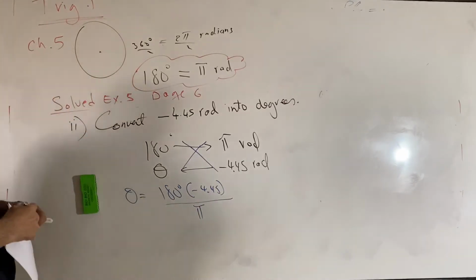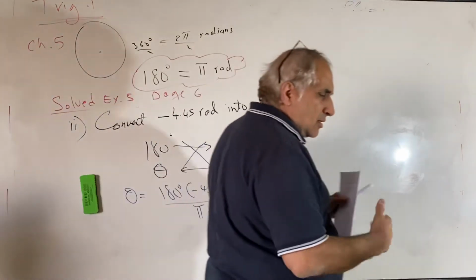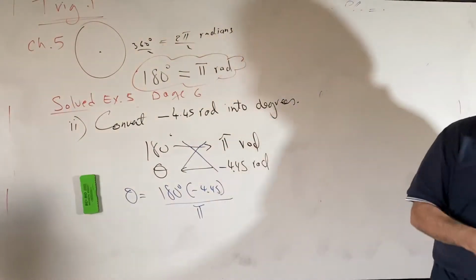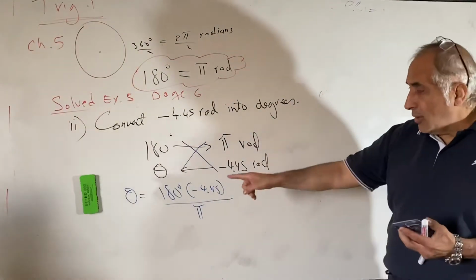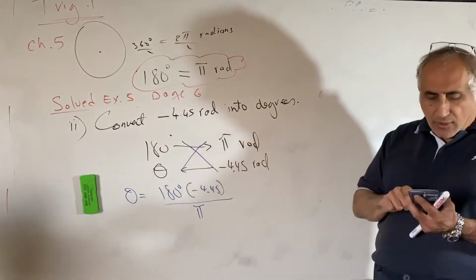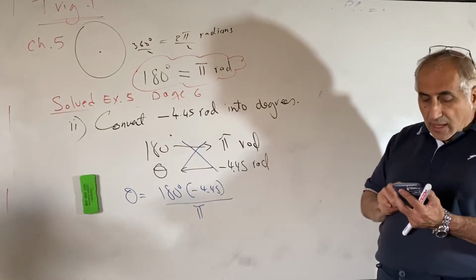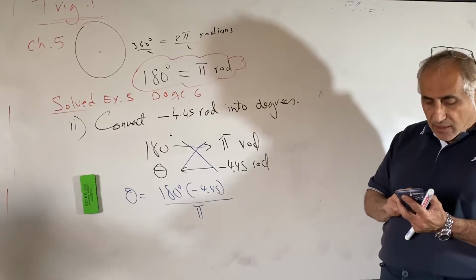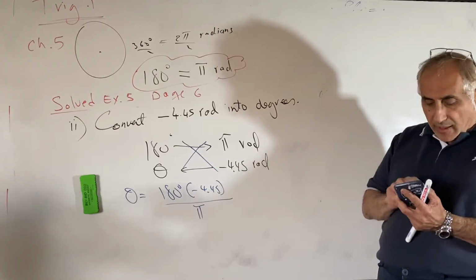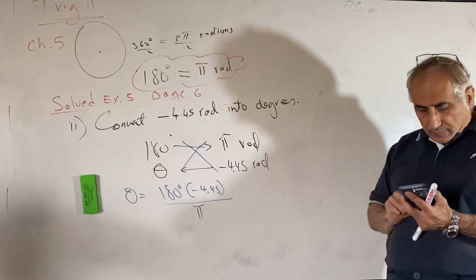So let's go and use our calculators. Simple, straightforward. Okay? 180 times negative 4.45, and that's to be divided by pi. All right?